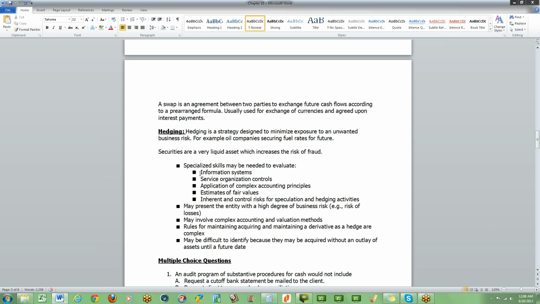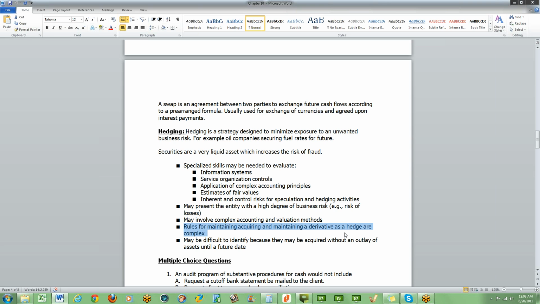Okay, because they may need to do all these things: estimate of fair values, speculation, hedging experts, complex accounting methods. So all these things, I may not know the rules for maintaining a derivative as a hedge. Complex rules. I may not know these things, and I may need the help of a specialist.